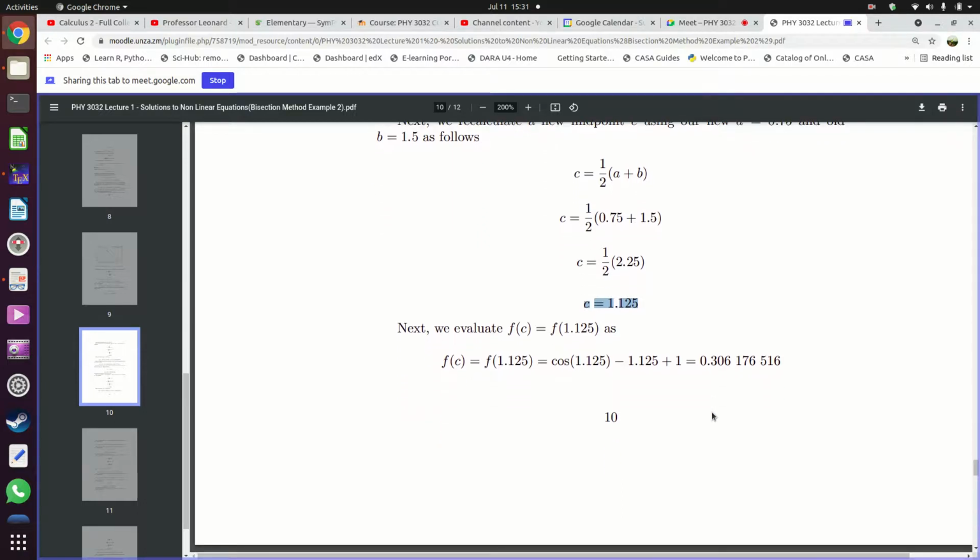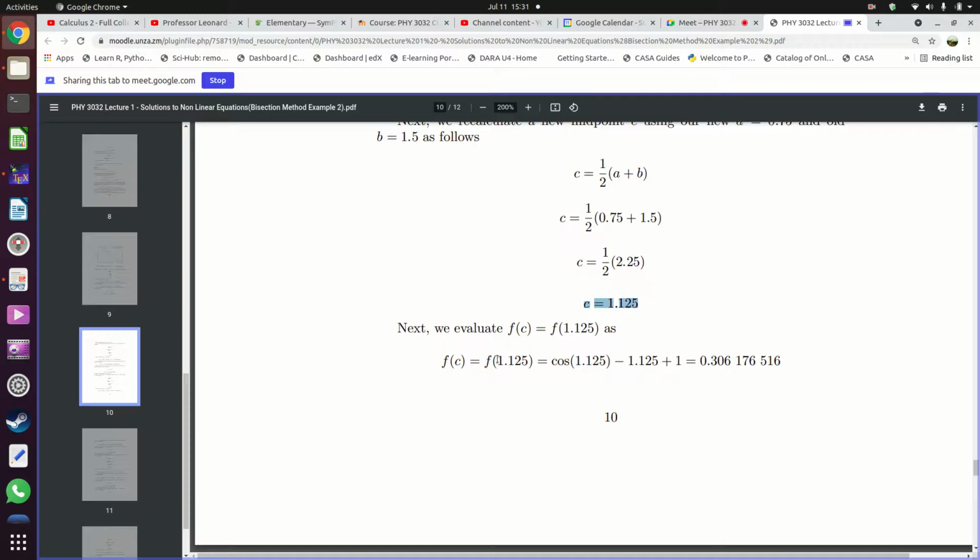With this new midpoint, we want to find out the value of the function at this midpoint. Is the function positive or negative? Are we clear? That's what we want to do. So f of C is going to be equal to f of 1.125.